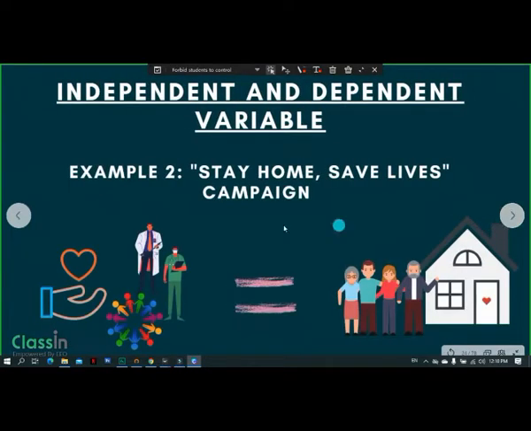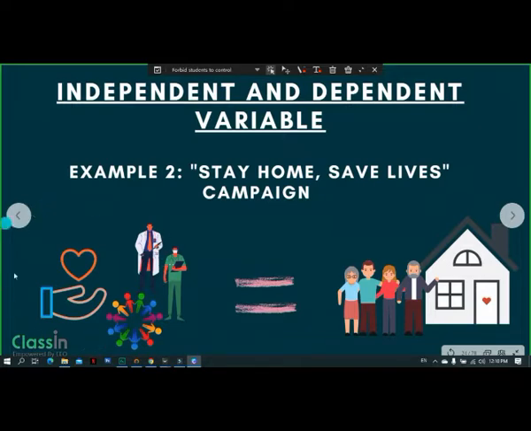Next. The Stay Home Save Lives campaign. So, nitong mga nakaraan, nitong quarantine, we are asked by the government to stay home to save lives. So, this is an example of a function wherein pagka tayo po ay nagstay sa bahay, mas maliit po yung cases na mahahawa tayo ng sakit at makakahawa tayo ng iba.